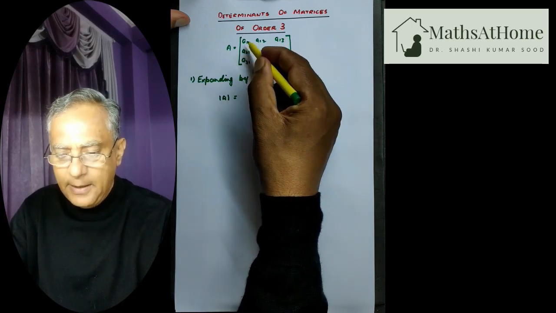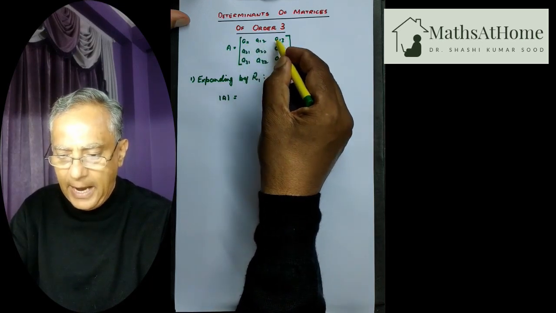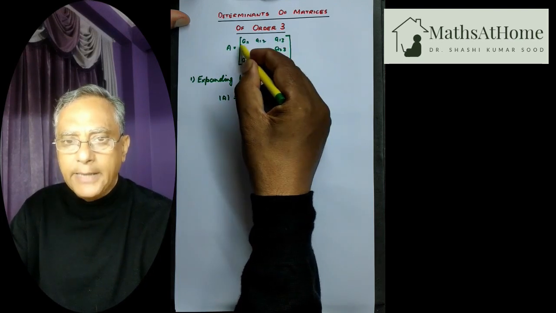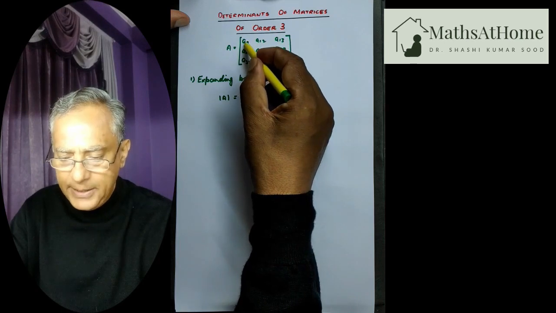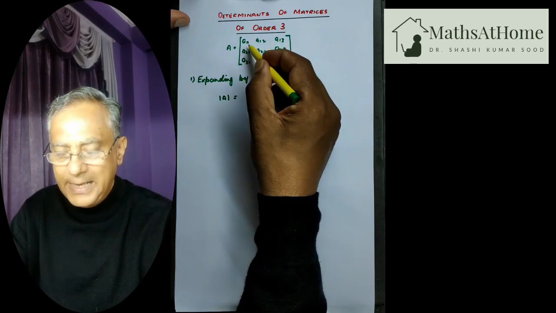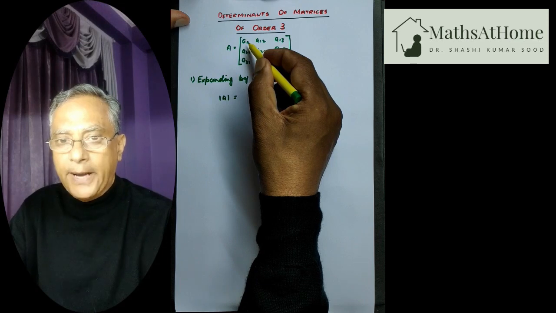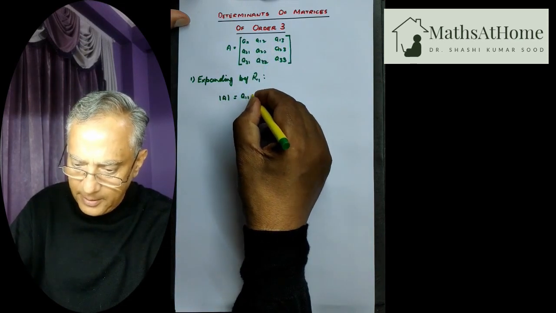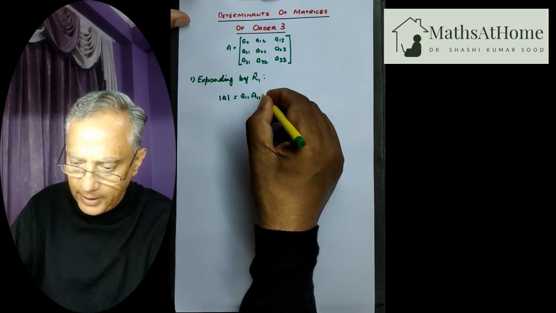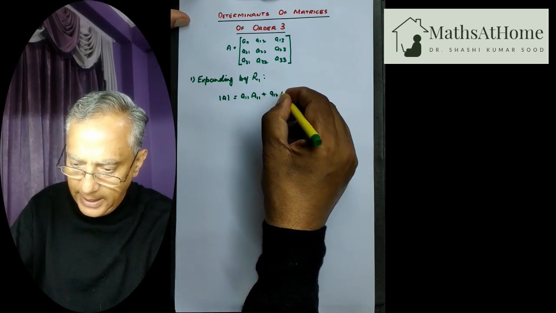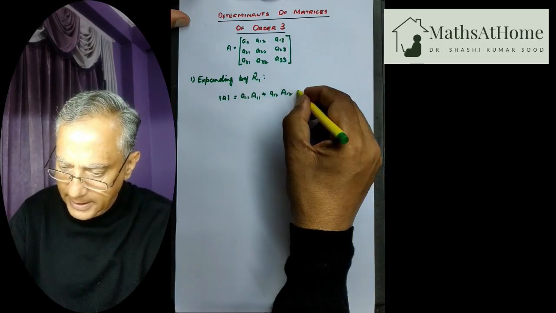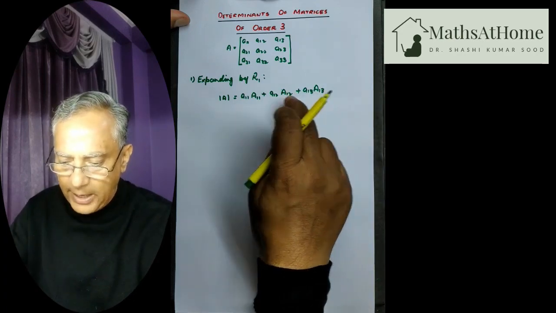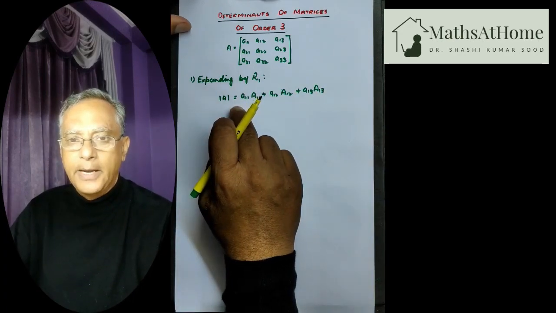We multiply each and every entry of R1 with its corresponding cofactor and add the result. That is, A11 multiplied by its cofactor A11, plus A12 A12, plus the third entry A13 A13. So this value is the value of the determinant.